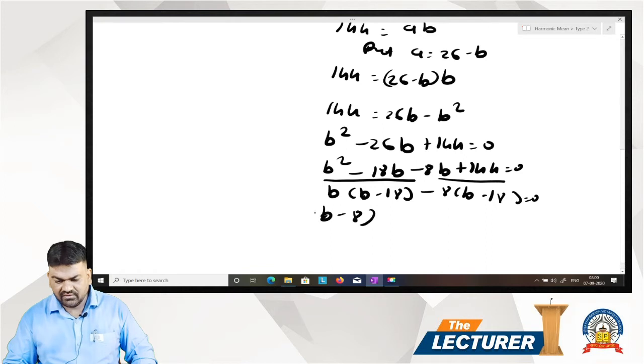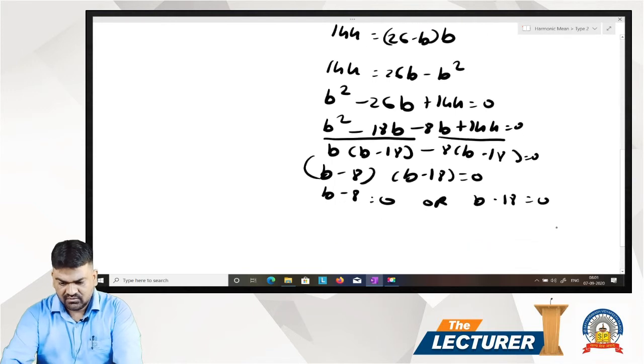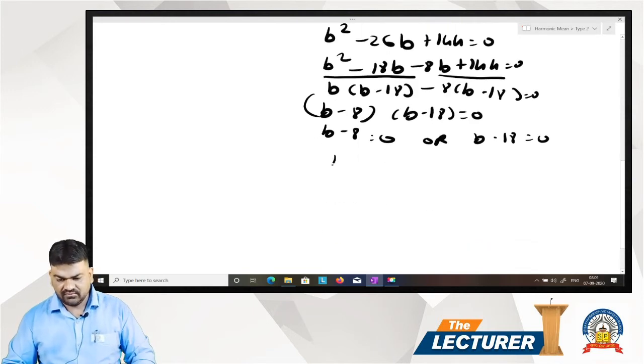So B minus 8 is equal to 0 or B minus 18 is equal to 0. So B is equal to 8 or B is equal to 18.